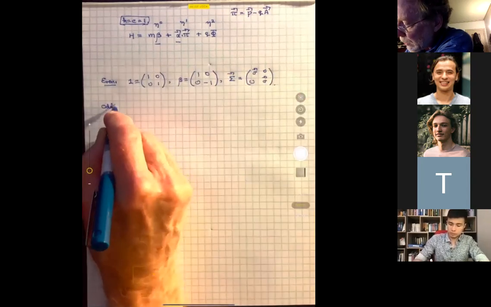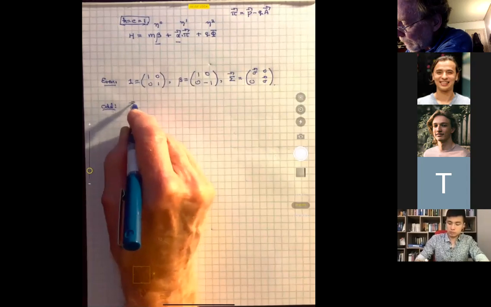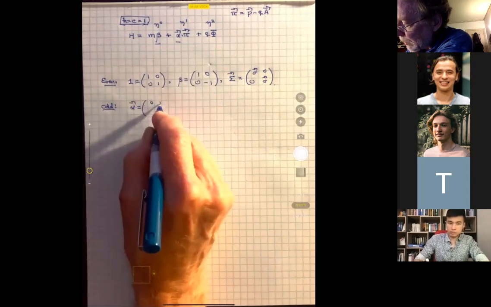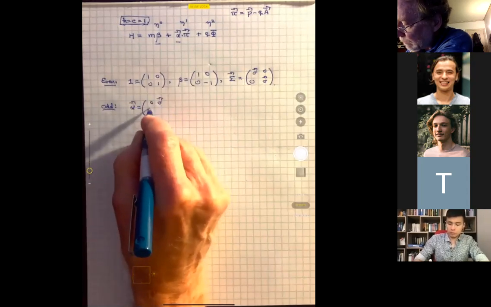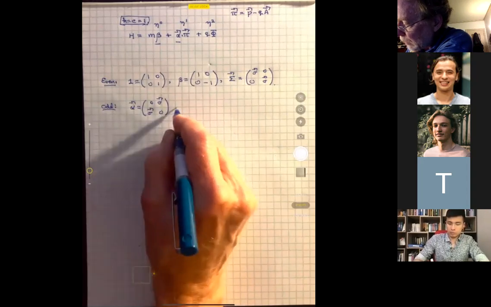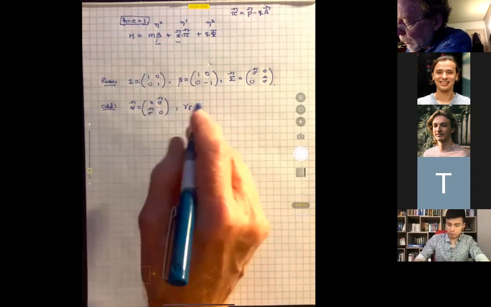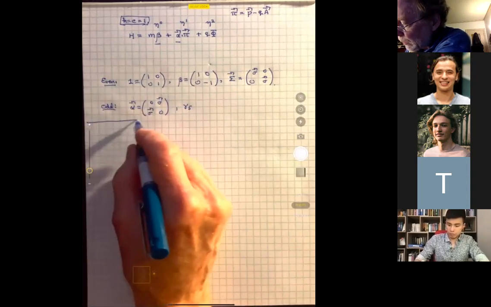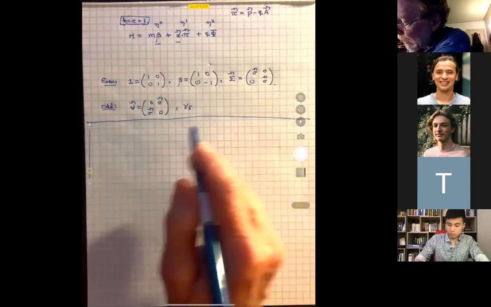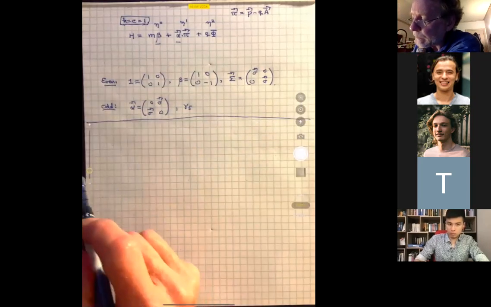The odd matrices include the alpha matrix, which is sigmas on the off diagonal. It also includes gamma 5, but I won't need it for what I'm going to do, so I won't write that out. But anyway, here's the breakdown into even and odd.